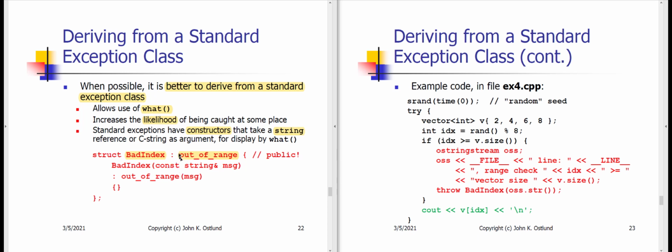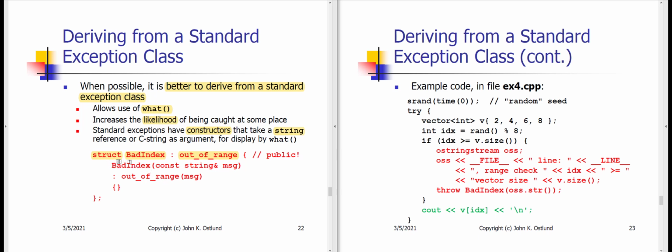Now, I didn't use the word public here, and so that might concern you, but we're defining bad index as a struct, and what that means is that everything in the struct is public by default, including the base class that we're deriving bad index from.